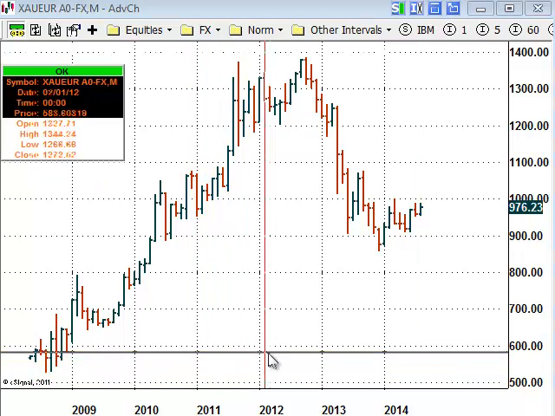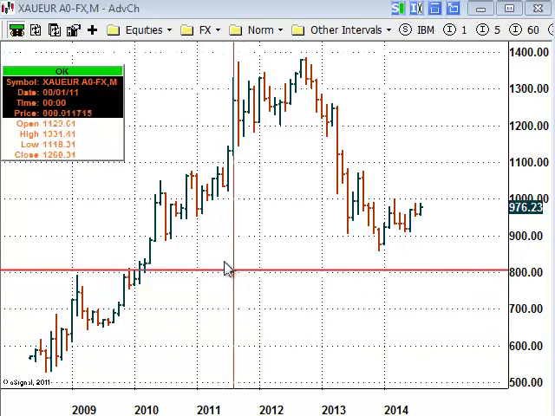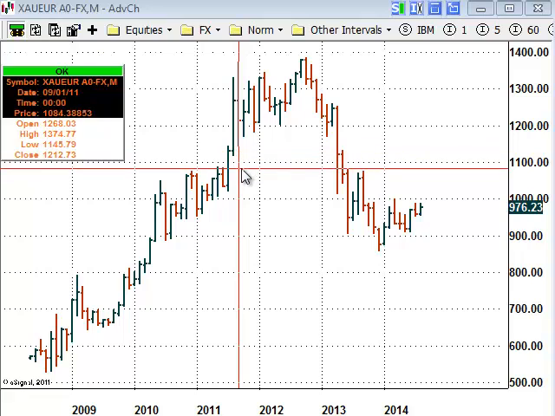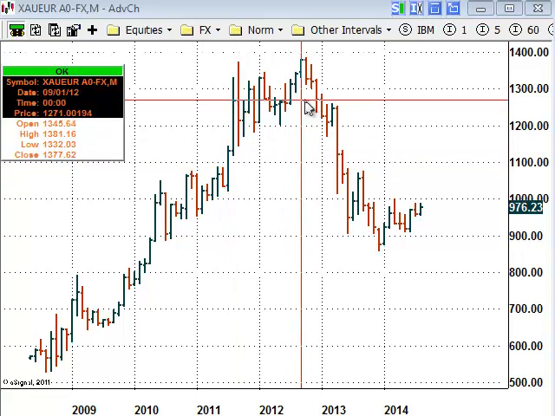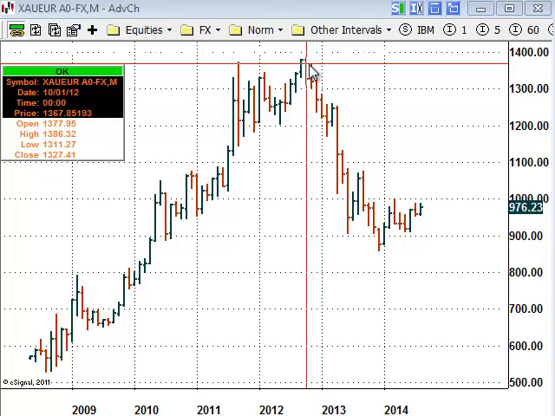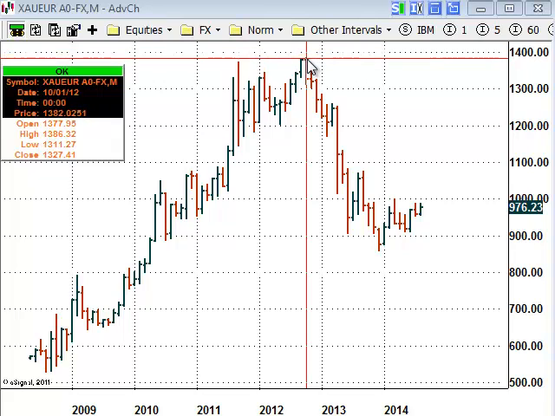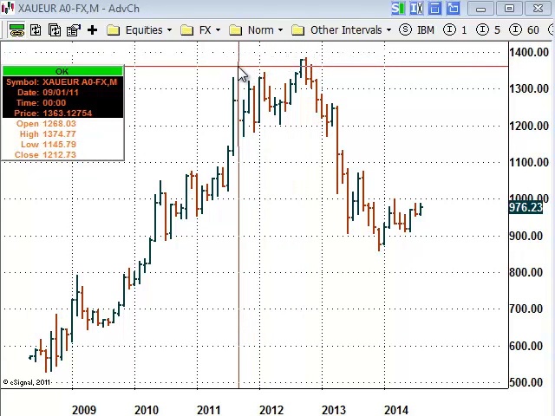Now, starting with the monthly chart, it is apparent that the reversal in gold, the absolute high, took place in 2012, unlike the dollar cross where the high took place in 2011.